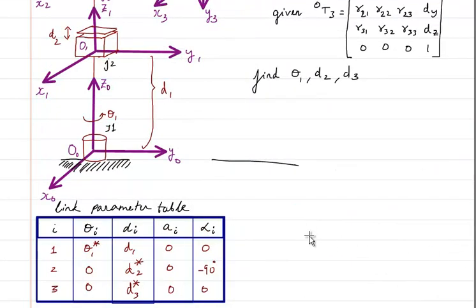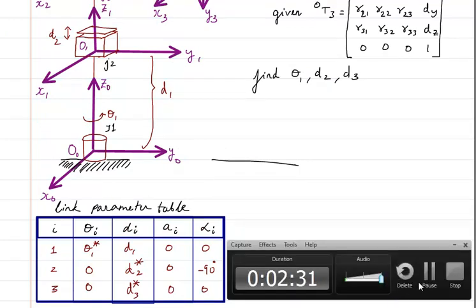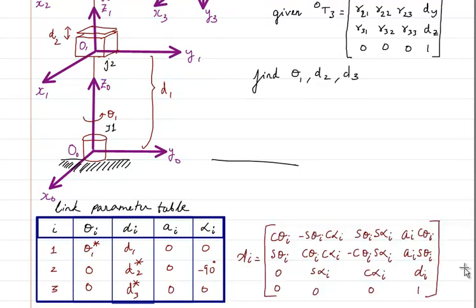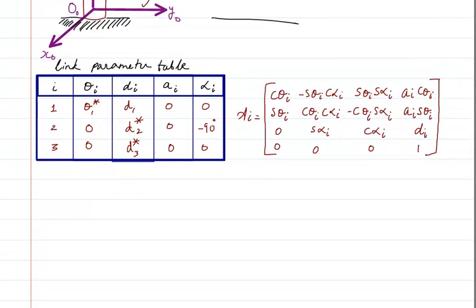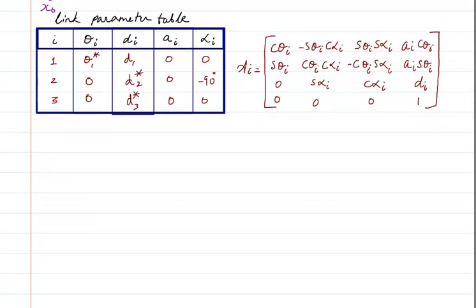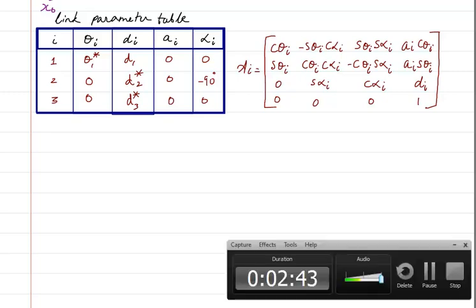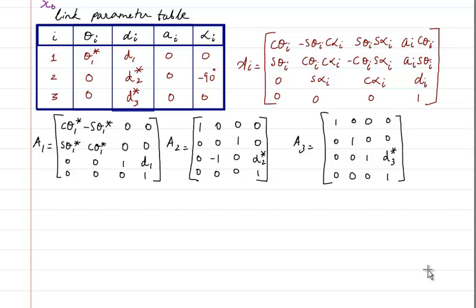So I will write that matrix here as this, and then based on this I will be able to write the value of A1, A2, A3. We have already done this exercise, so I will directly write the values of A1, A2, A3.